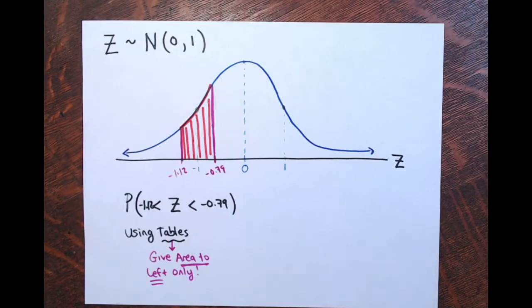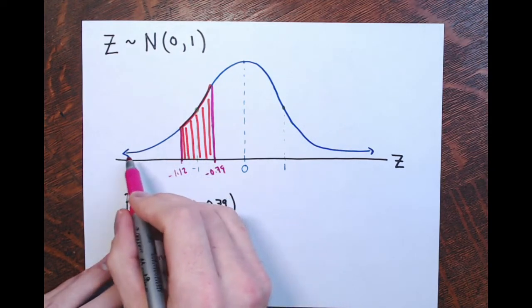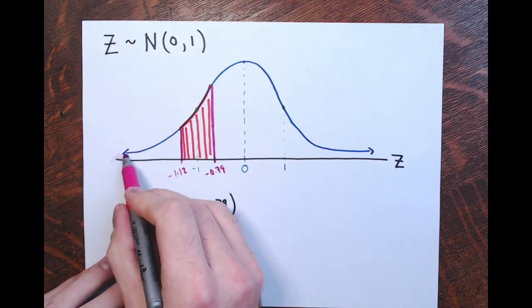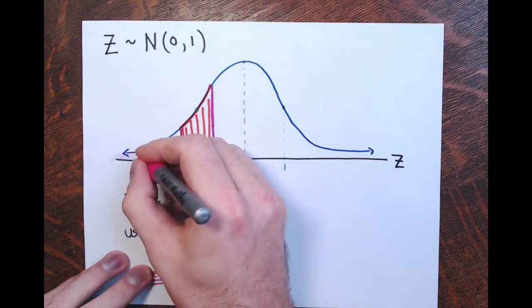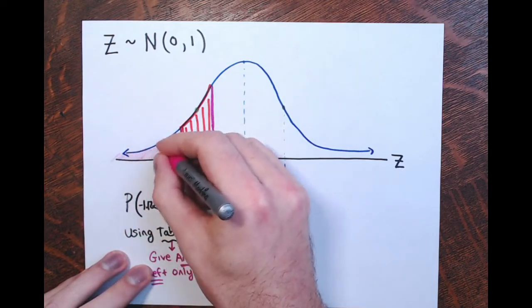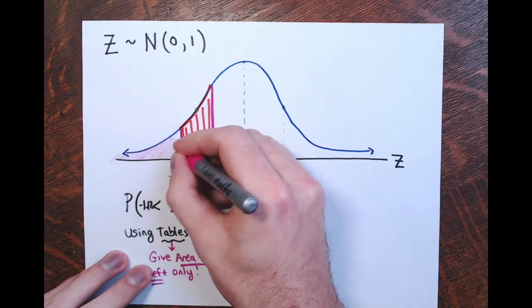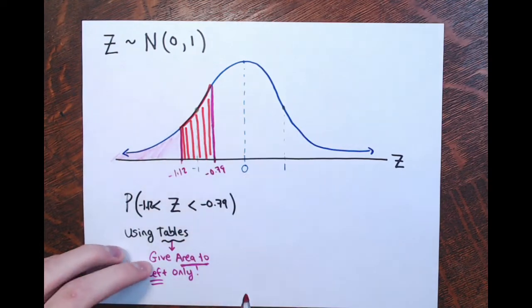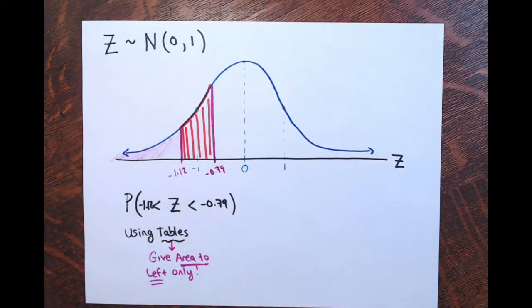So back on my paper, I'll mark this off in a different color. All right, so here's -1.12. This area to the left that I'm shading in here, that's really light, I apologize.